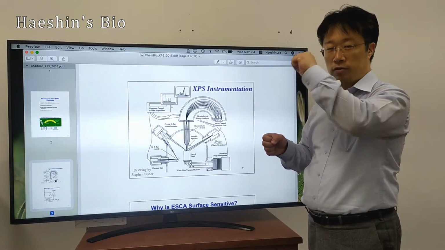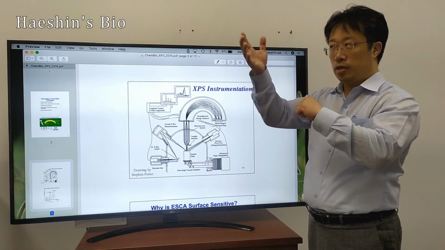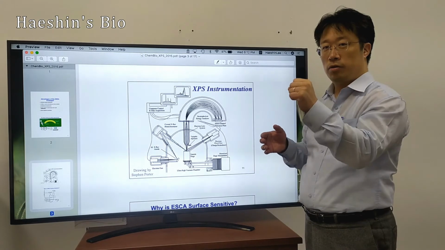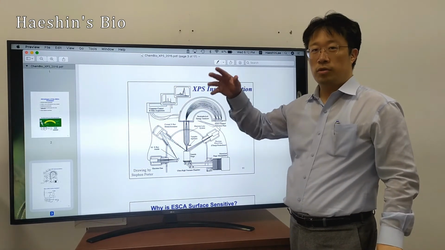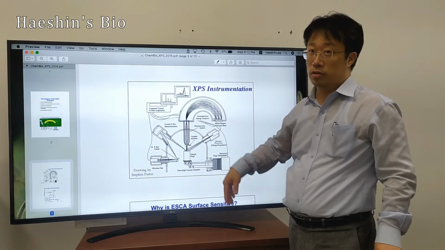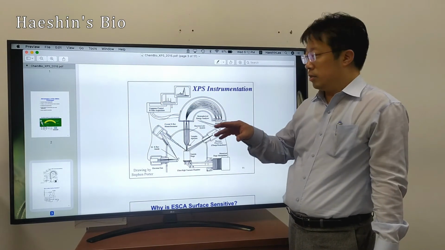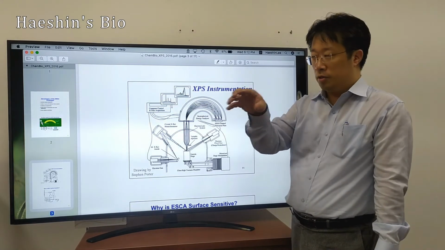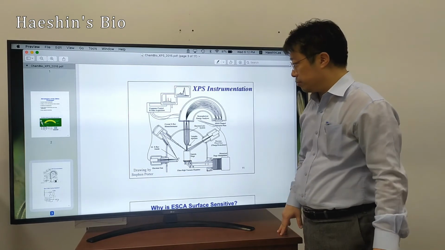The input energy has to be larger than the binding energy. So the total energy is the binding energy plus the kinetic energy plus some consumed energy that is due to the configuration of this instrument. So the total equals the kinetic energy of these electrons plus their binding energy, which is what we measure, plus other factors. You can understand it this way.